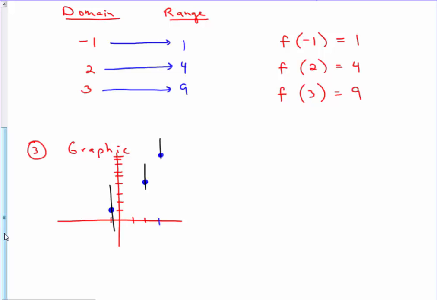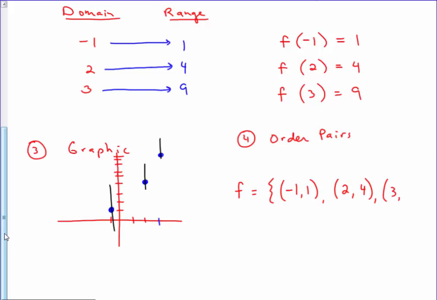From here, we can actually go straight to the way the notation was given to us originally, which was ordered pairs. So originally this was given to us as f equals the ordered pair -1, 1, the ordered pair 2 and 4, and the ordered pair 3 and 9.